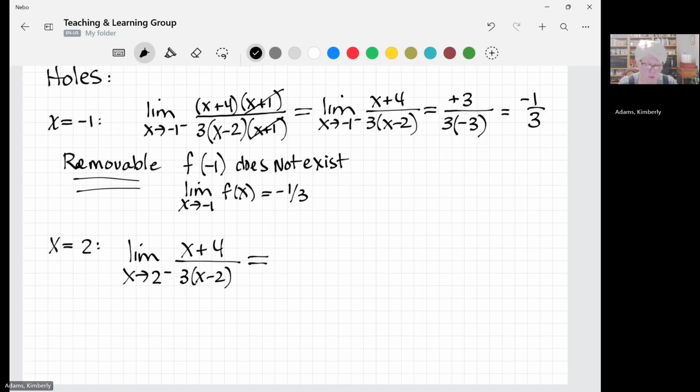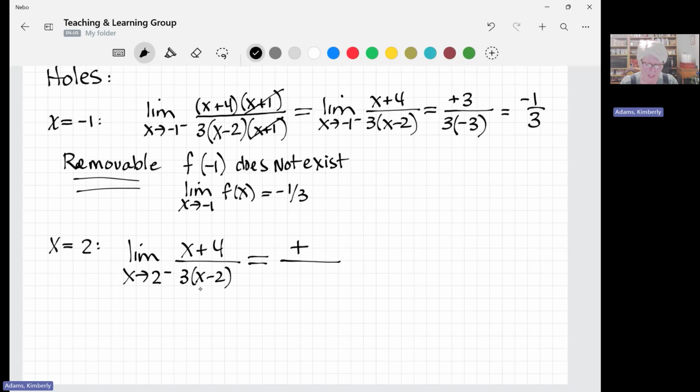So I'm on the left side of 2, which is like 1.999. So 1.999 plus 4 is something positive. It's a positive number. I don't care what the number is, it's positive.